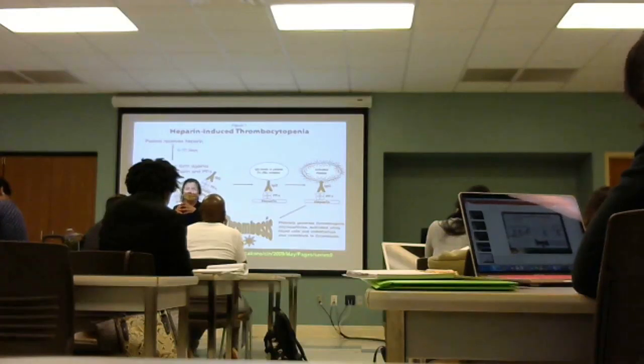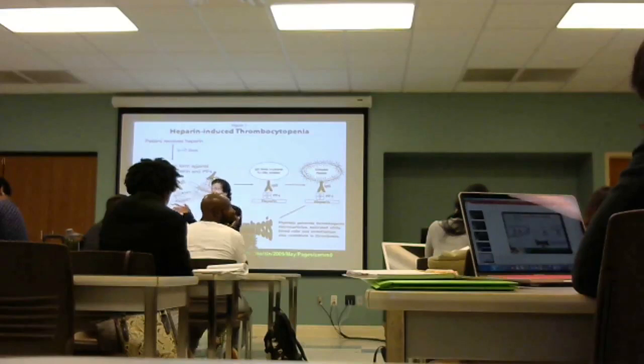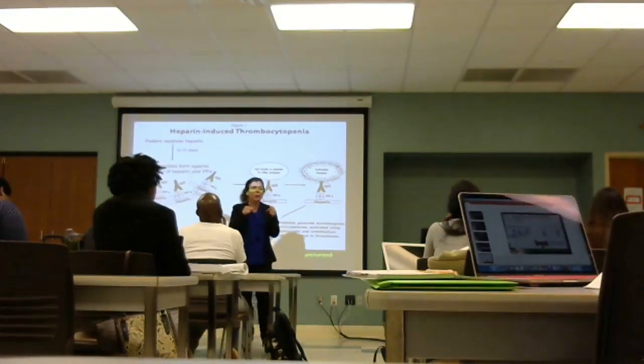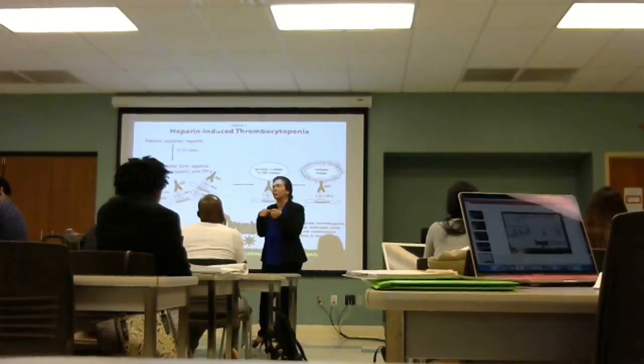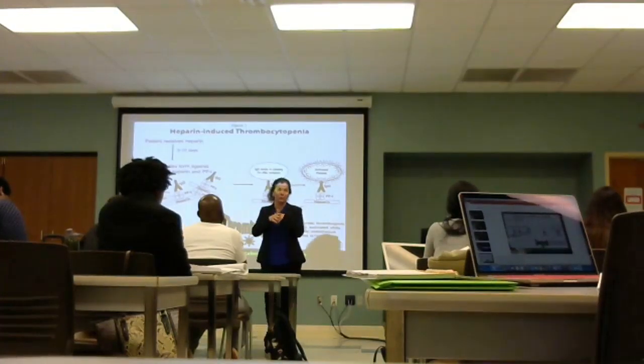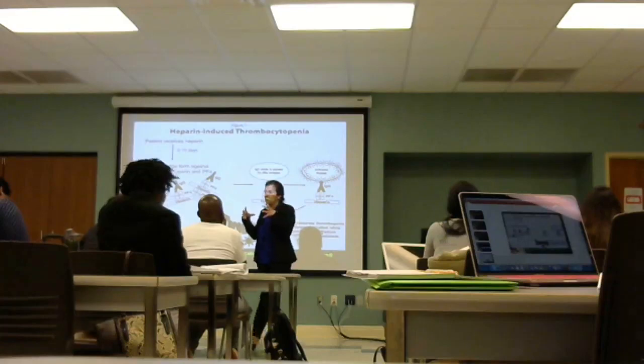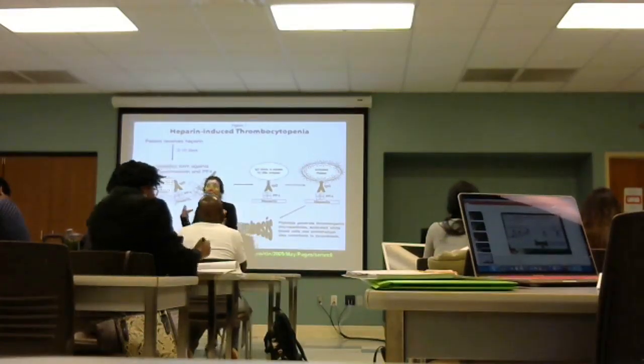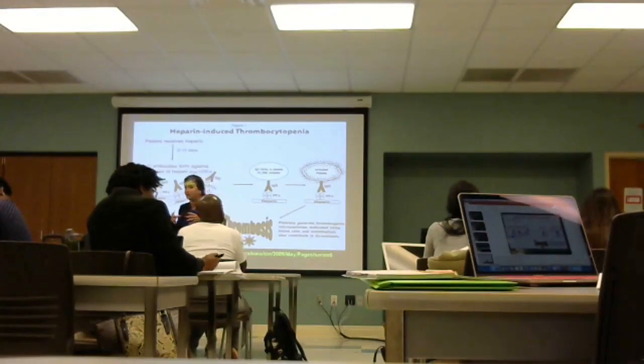Even though there's no affected von Willebrand factor or glycoprotein 2B3A, the platelet factor 4 necessary for aggregation is depressed because it's been attacked by the immune system. And those conglomerations of malfunctioning platelets can produce a clotting or occlusive event.